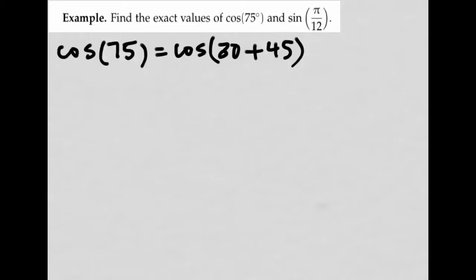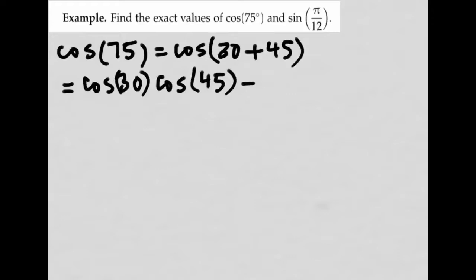Now we use the addition formula for cosine to figure out the exact value of cosine of 75 degrees. Cosine of 30 plus 45 is cosine 30 times cosine of 45 plus, actually minus, sine of 30 times sine of 45.